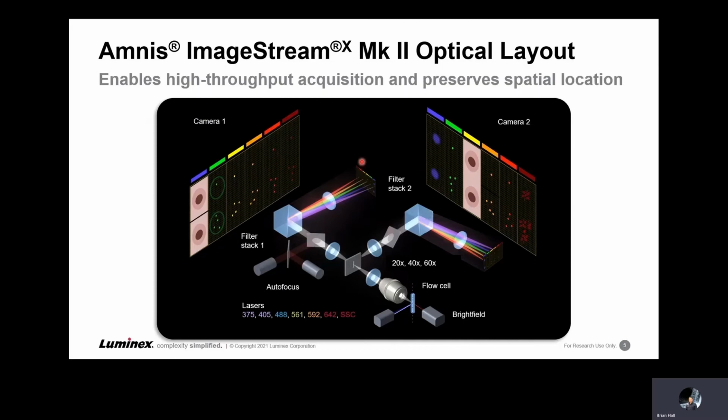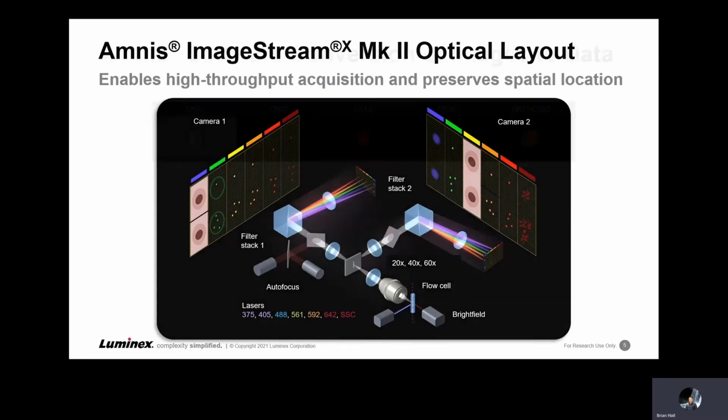Our CCD camera is operated in time delay integration mode, which effectively allows us to increase the photonic sensitivity and maintain a 0.33 micron per pixel image resolution. So it's very high image quality with very high photonic sensitivity. And again, this is collecting 10 fluorescent channels, 2 bright field channels, and a side scatter image. So it's 12 parameter data that's simultaneously collected on each of your events.